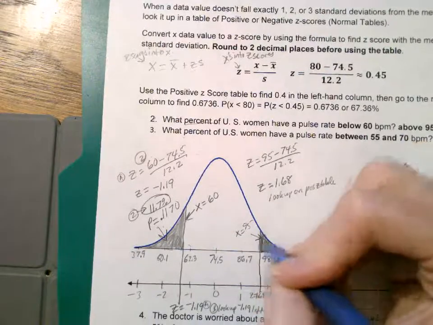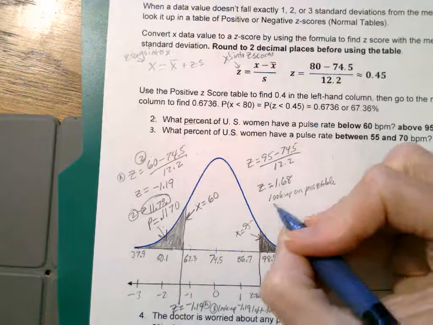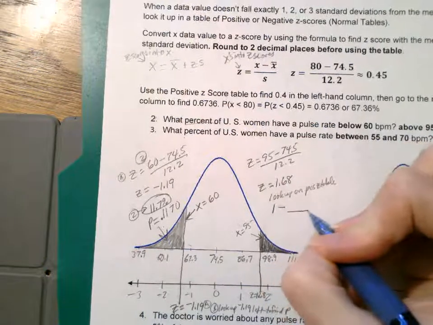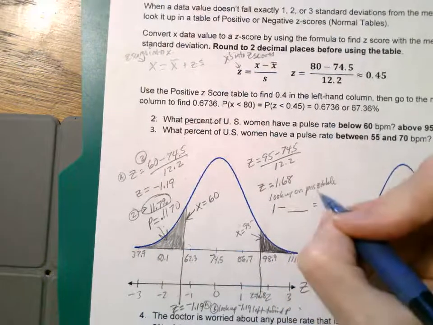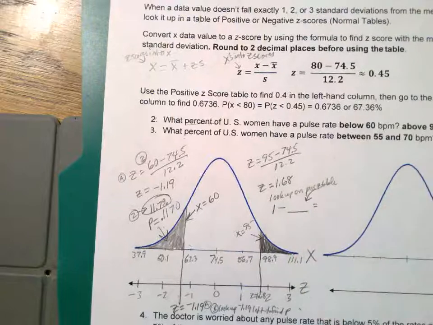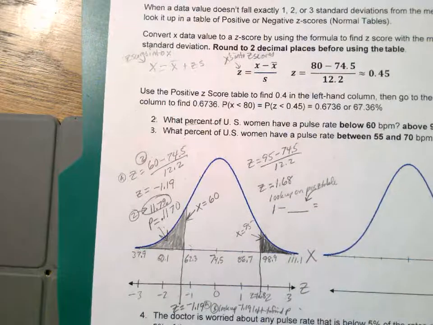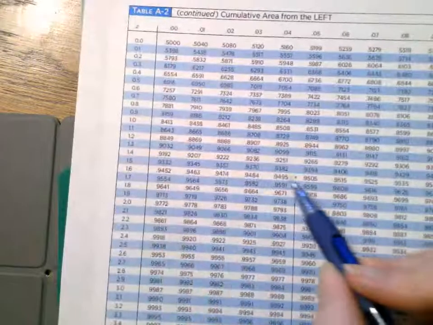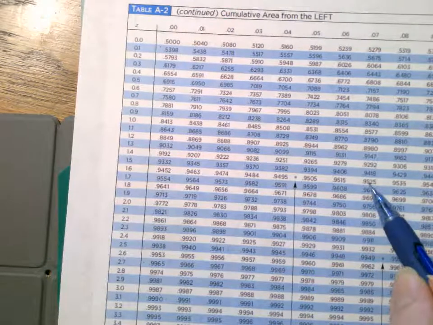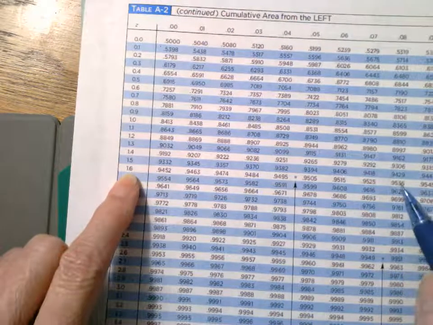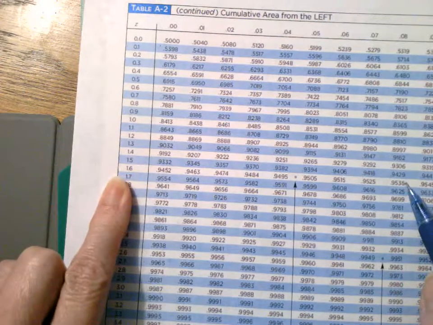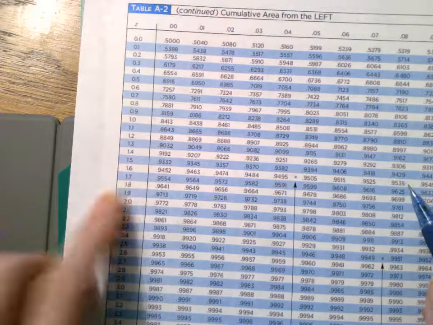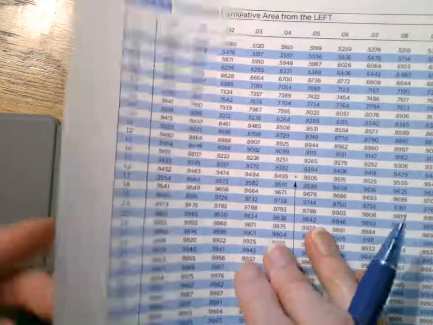Now remember, it's to the right, not the left, so it's 1 minus whatever they say on the table. So 1.68 on the positive, 1.68 is .9535.